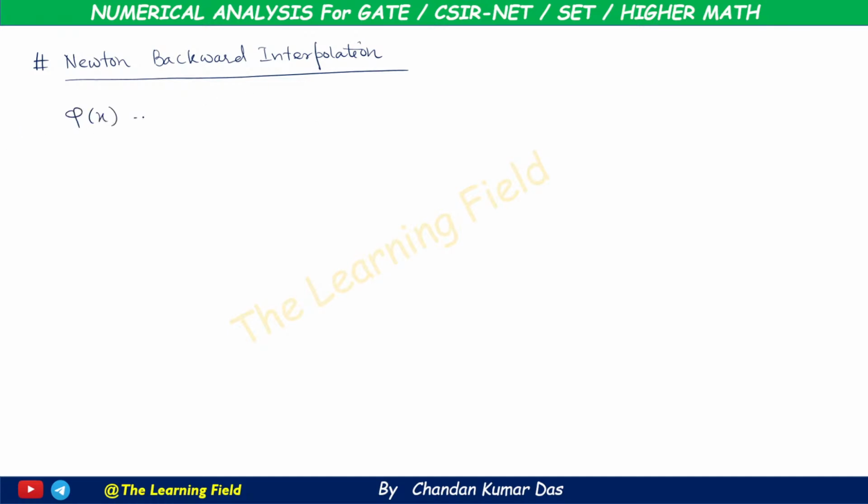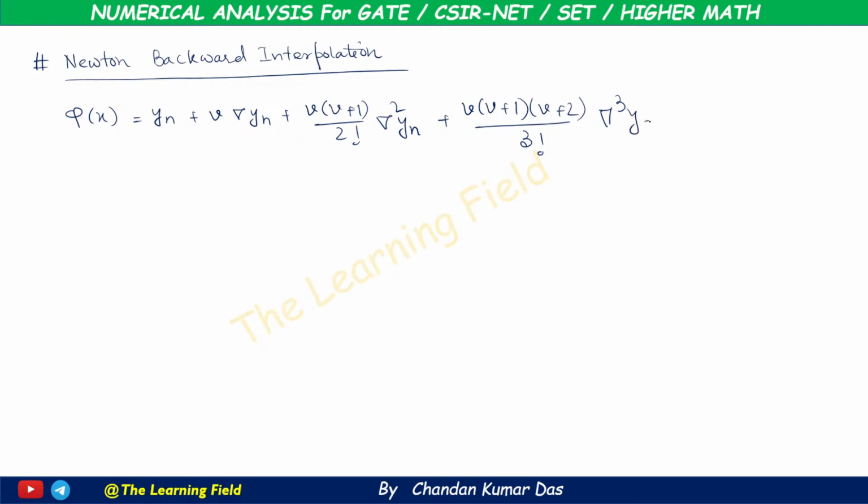Phi(x) is equal to yn plus v delta yn plus v into (v plus 1) by 2 factorial delta square yn plus v into (v plus 1) into (v plus 2) by 3 factorial into delta cube yn, plus so on, plus the last term v into (v plus 1) into (v plus 2) ... into (v plus n minus 1) by n factorial into delta^n yn.